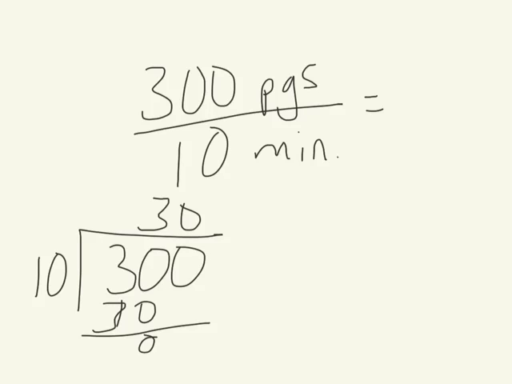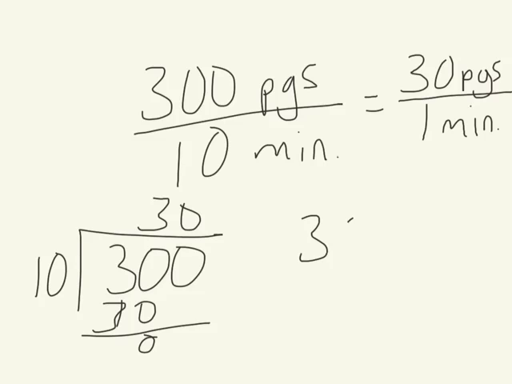So now we have 300 pages for every 1 minute. Or we could say, not 300 pages, excuse me, 30 pages for every 1 minute, or 30 pages per minute. So we have successfully transformed that into a unit rate.